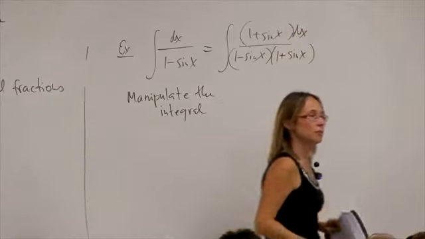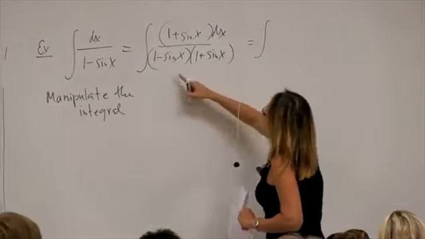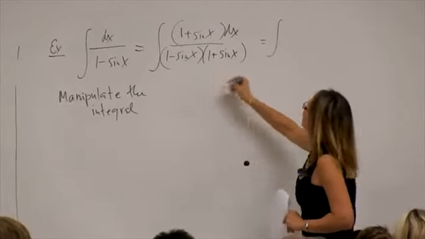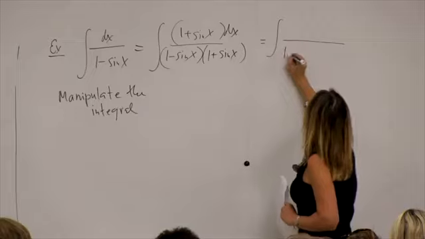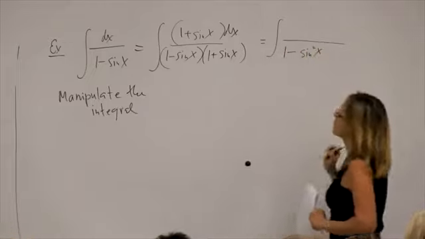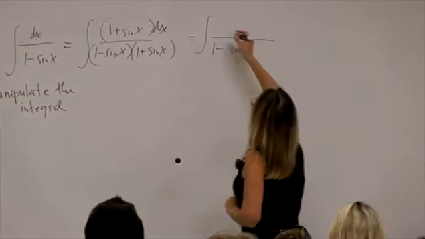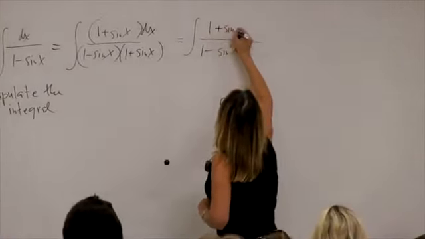I multiplied and divided by the same thing. And then in the denominator, I can simplify it by writing it as 1 minus sine squared x. Right? A squared minus b squared, that kind of thing. And here I have exactly what I have.